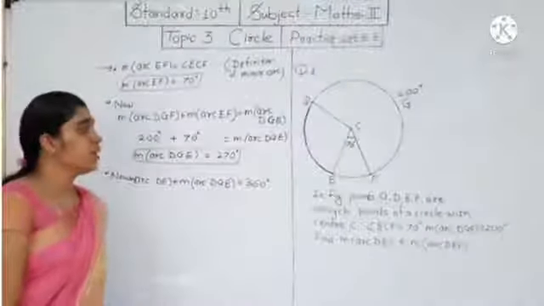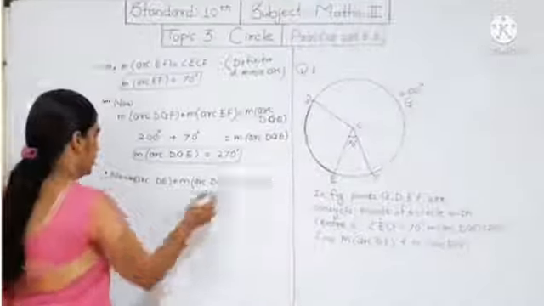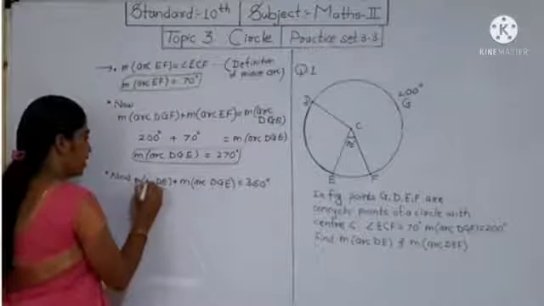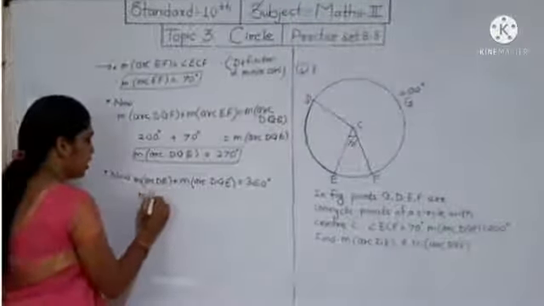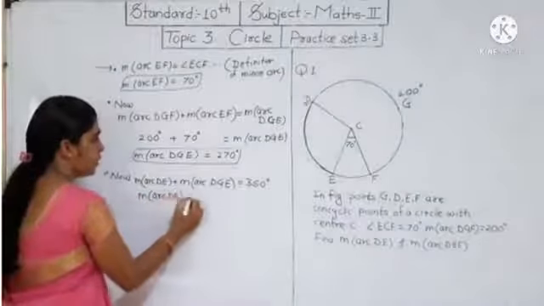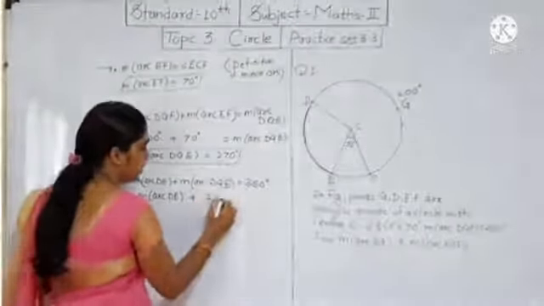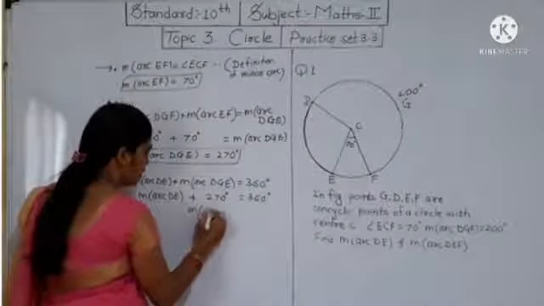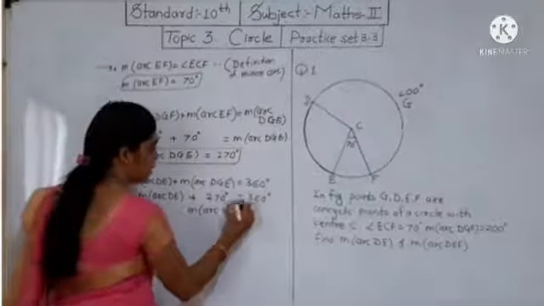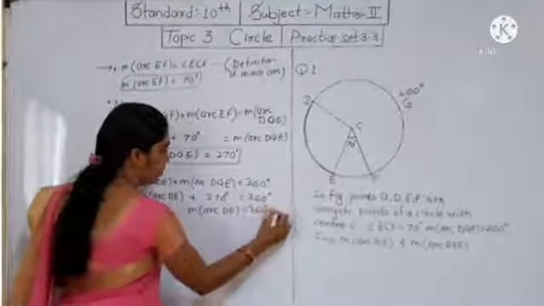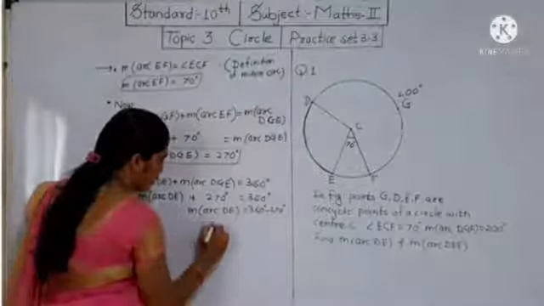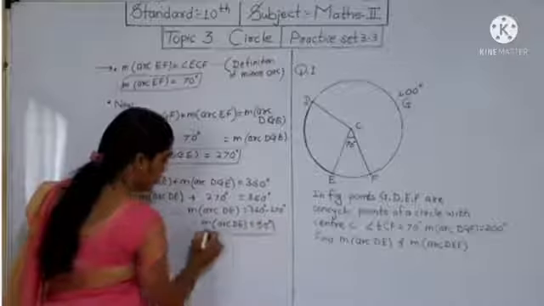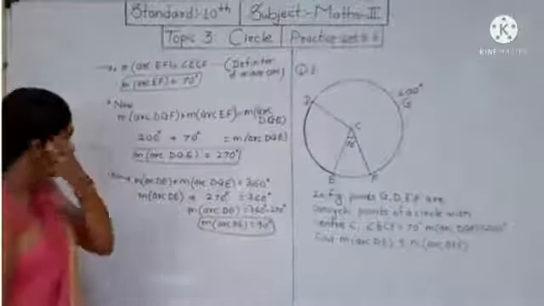So what is the complete circle measure? 360 degrees. Therefore, arc DE plus 270 degrees is equal to 360 degrees. Therefore, arc DE is equal to 360 minus 270 degrees. Therefore, arc DE is equal to 90 degrees. We get arc DE as 90.